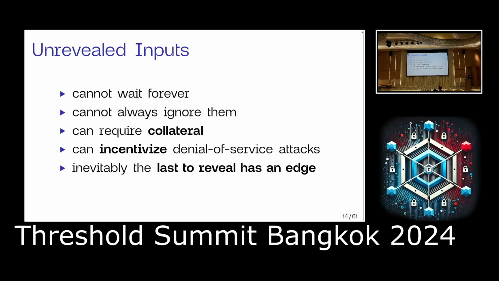So one thing you can do is require collateral from people who commit so that they are incentivized to actually reveal. But that can also mean that they will be victim of denial of service attacks off-chain. And it also creates this situation where the last person to reveal has the most information to decide whether to attack the protocol by withholding the reveal or not.